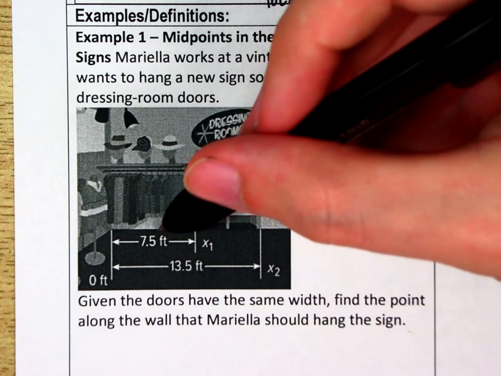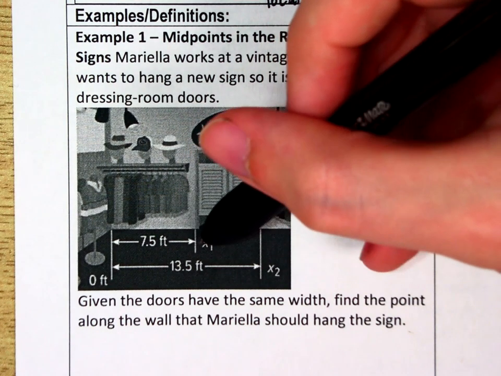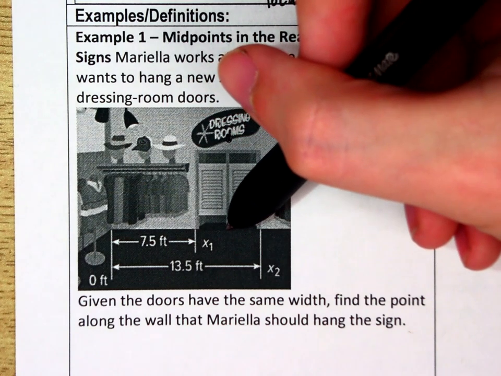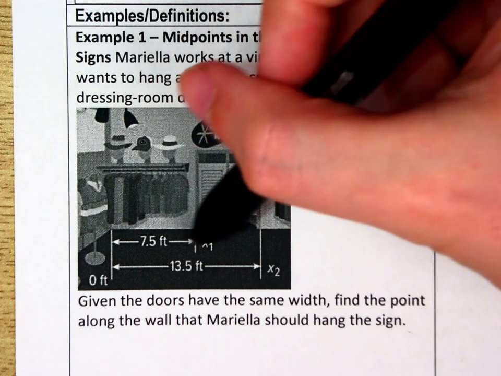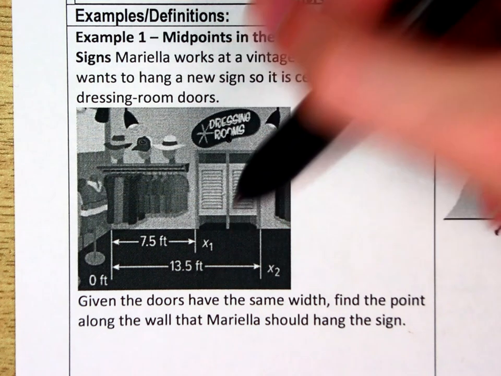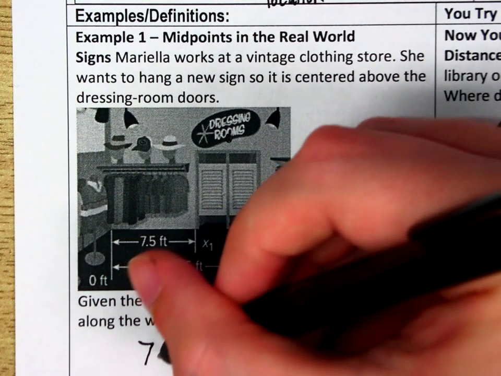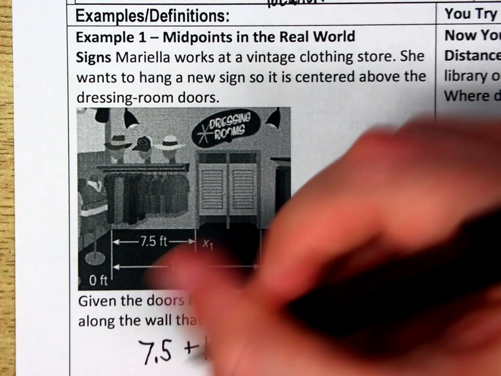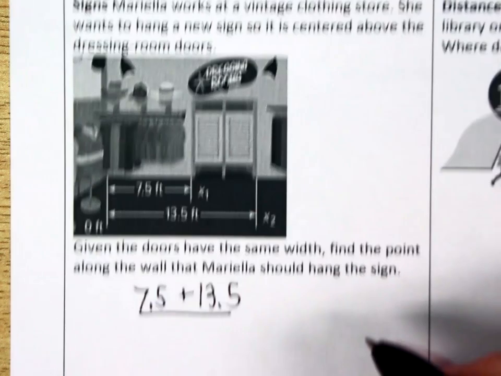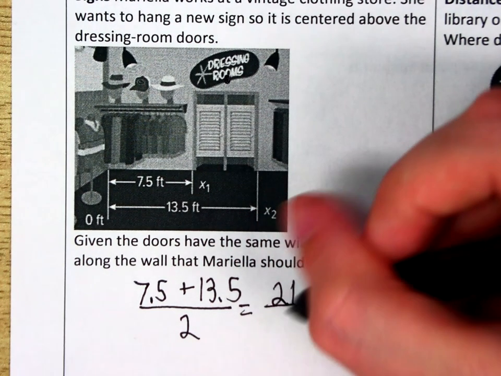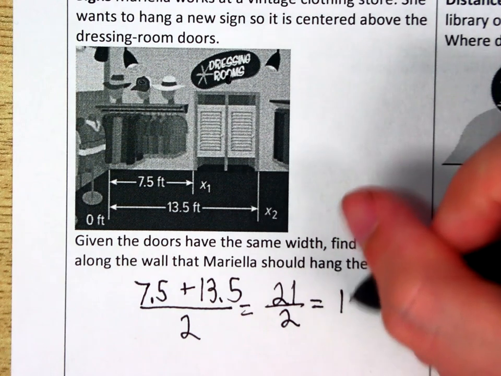We can just average these two locations to find a middle point that would be some distance away from the wall and would be centered here. We'll average our 7.5 and our 13.5 by adding them and dividing by 2. We'll just get 21 over 2, or 10.5 feet.